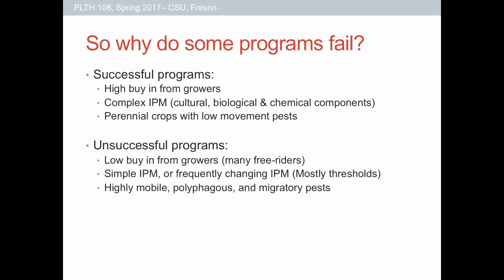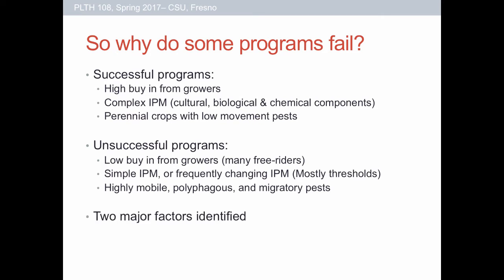And then finally, if the pest is highly mobile, polyphagous, meaning again feeding on multiple plant species, or highly migratory, it's not going to work. Because whatever control you do in your field may provide control on that individual group of the population, but if they just basically fly right in after you've done your little application, then you're basically at square one.